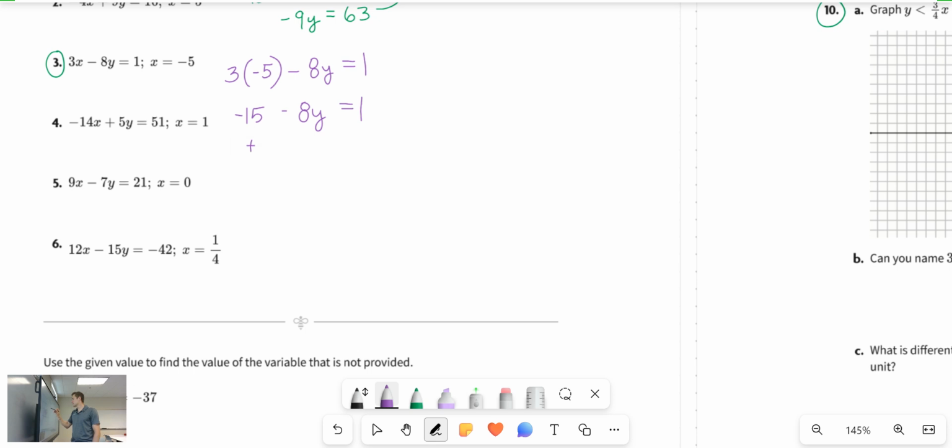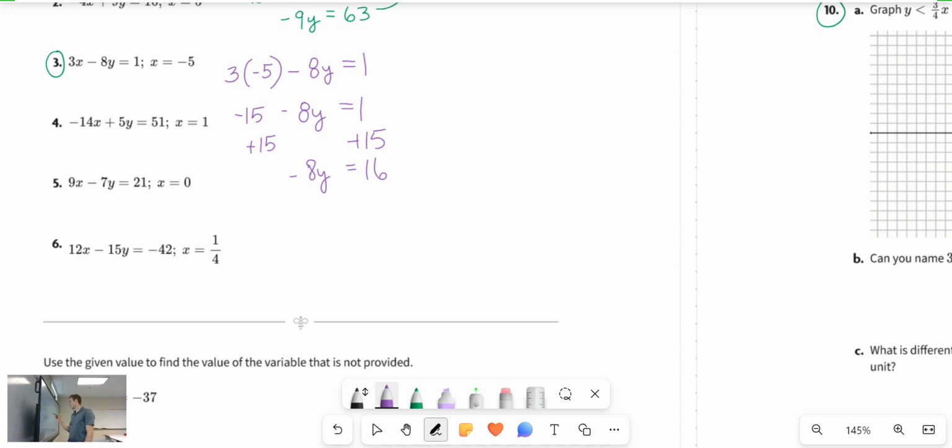We add that 15 to both sides, plus 15 and plus 15. Now we have no numbers left on the left side. We just have the minus 8y, or negative 8y. Minus 8y equals 1 plus 15, which is just 16, on the right side.